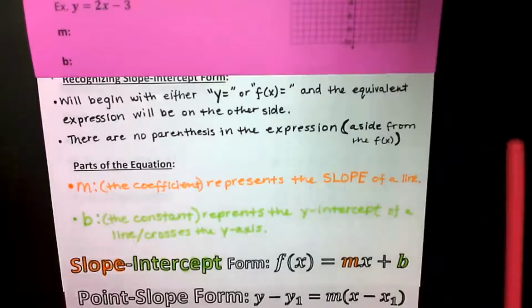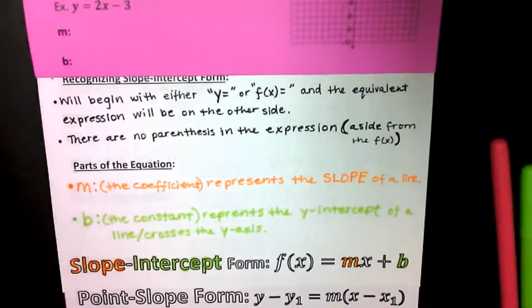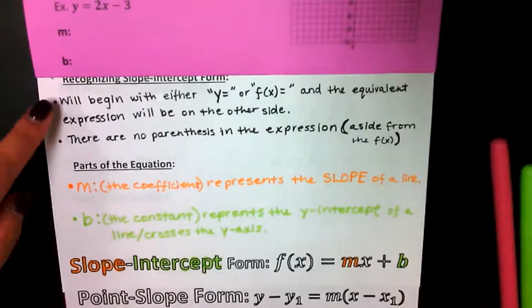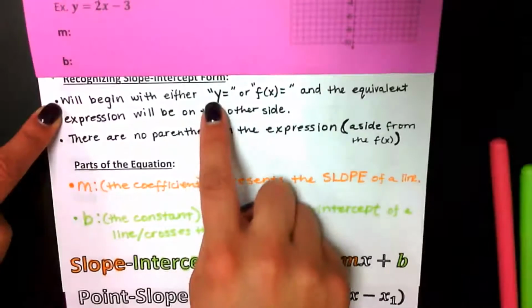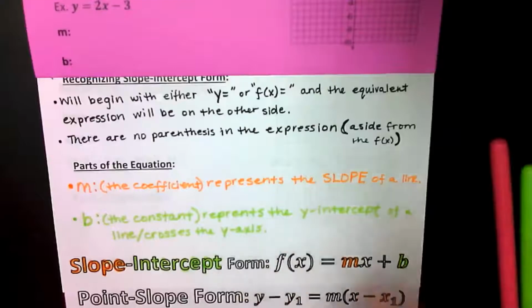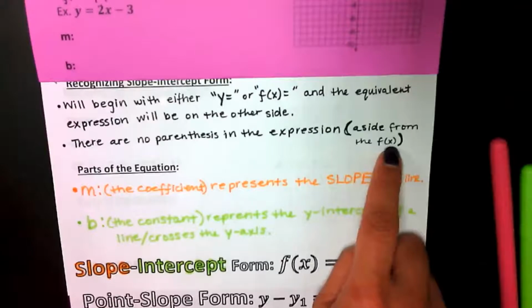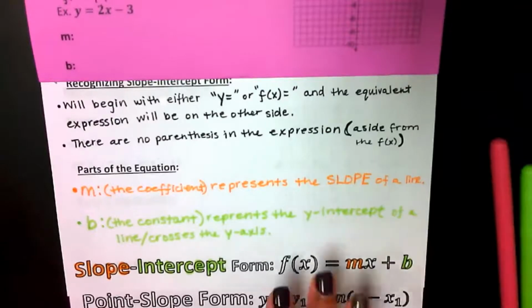And since it's going to be a number that is alone, just like we had learned last time, that will be a constant. All right. To recognize slope-intercept, you'll notice that it usually begins with either a y equals or an f of x equals, and the equivalent expression will be on the opposite side of the equal sign. There will not be any parentheses in the expression, of course, aside from the f of x.